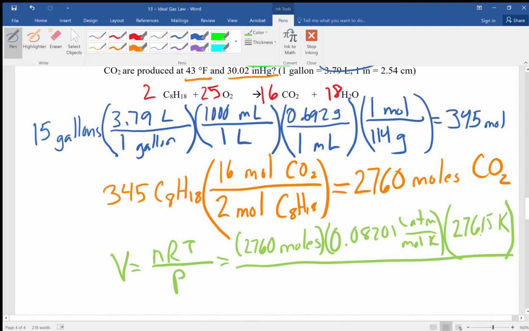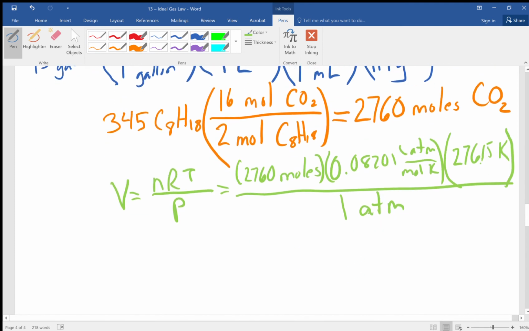And then we converted our inches of mercury into atmospheres. And we would have done that by going from inches to centimeters, centimeters to millimeters, and then millimeters of mercury to atmospheres. And we get 1 atmosphere.